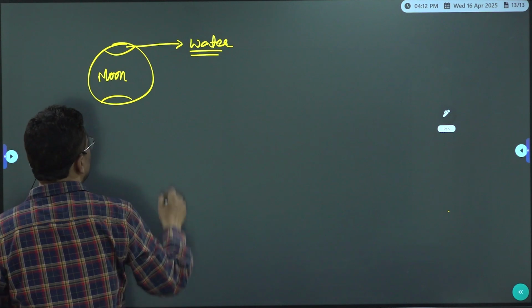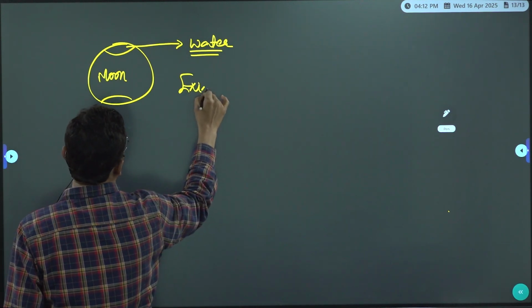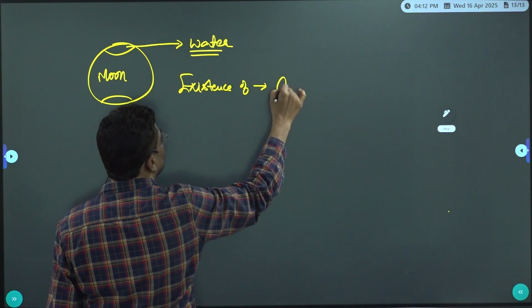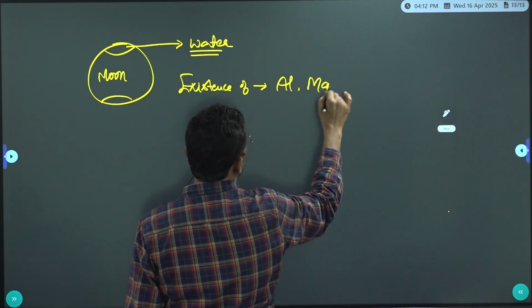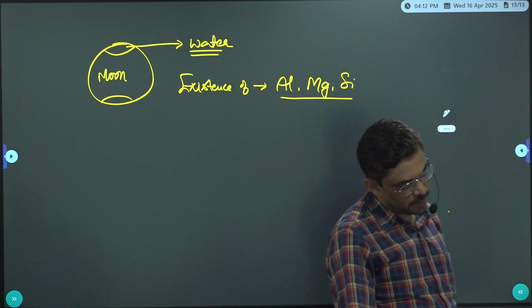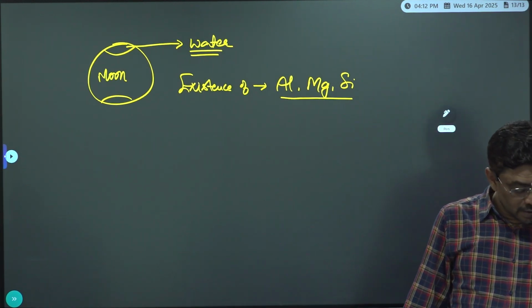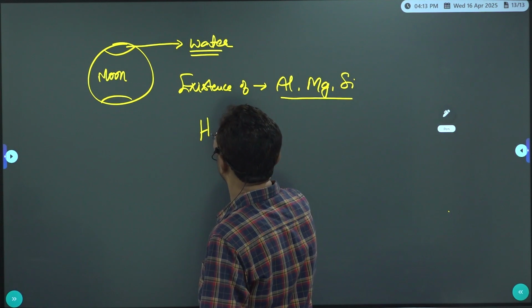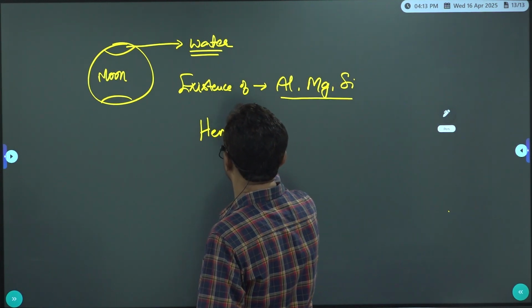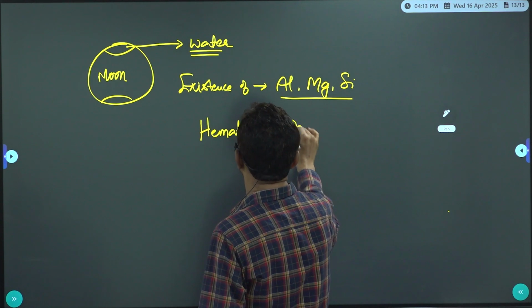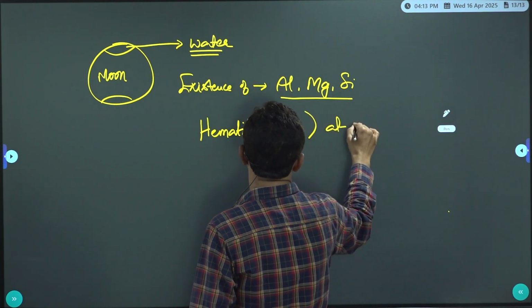Existence of some elements like aluminum, magnesium, and silicon were confirmed. And also the presence of hematite. Hematite means iron oxide, Fe2O3, at the moon's poles.